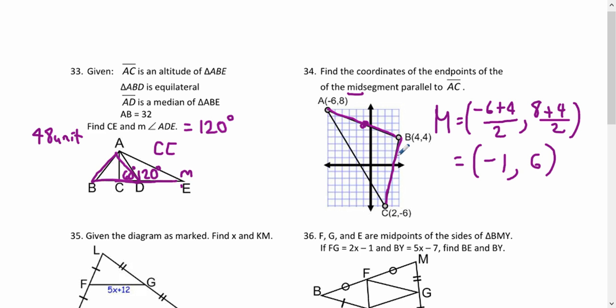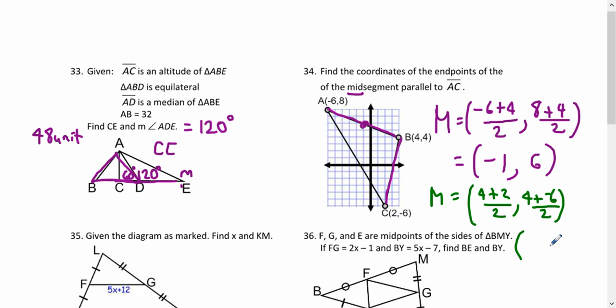I have to do the same thing with BC. So the midpoint is, you add the two x values, so 4 plus 2 over 2, add the two y values, 4 plus -6 over 2, and then you simplify.